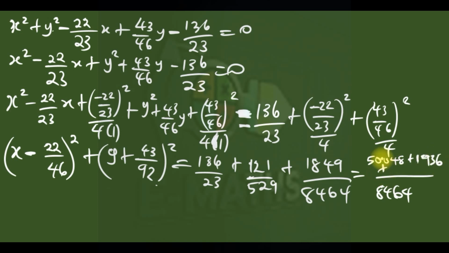Plus 8464 divided by 8464, so plus 1849.